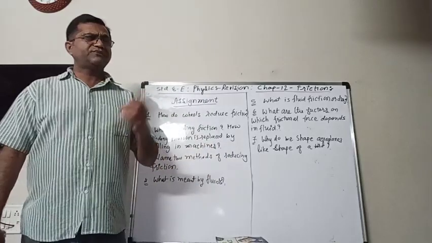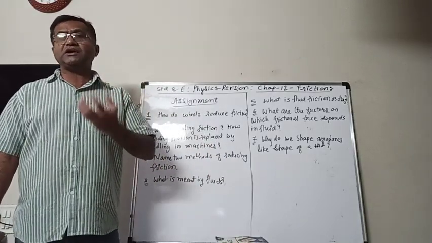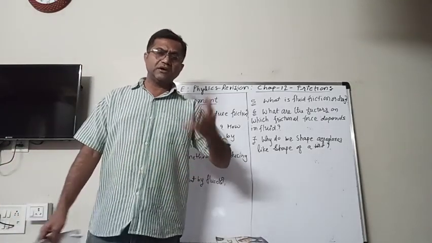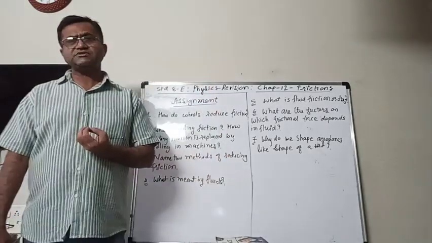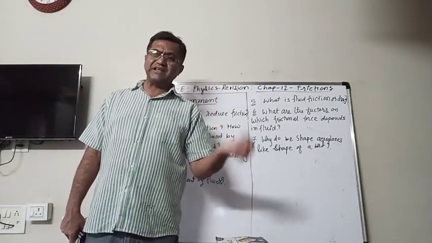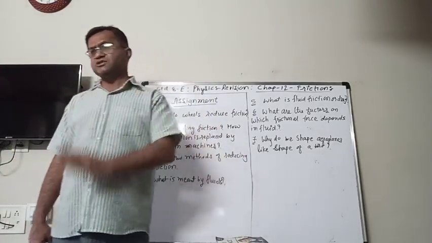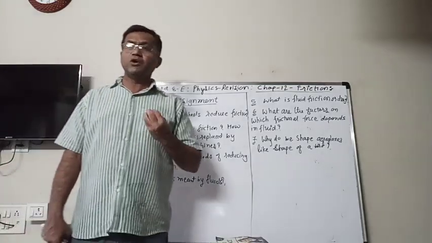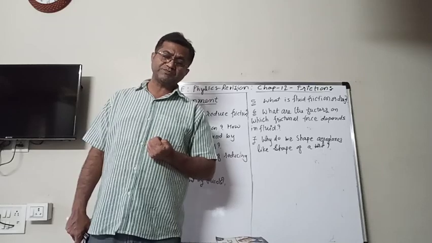Similarly, the frictional force depends on the type of surfaces and how close they are to the other surface. If the surface is smooth, it produces less friction. If the surface is rough, more frictional force is produced.